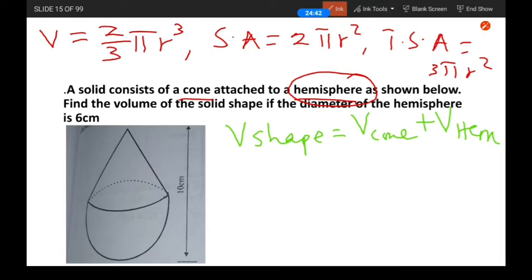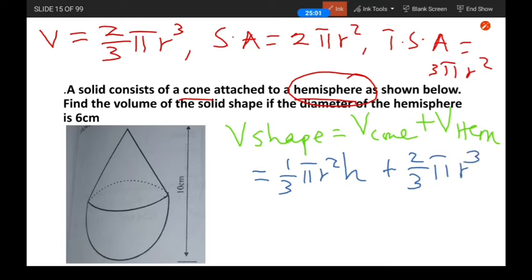Is that okay? Very good. And what's the volume of a cone? We have done this very well in our previous videos. 1 over 3 pi r squared h plus volume of hemisphere, the one I gave you now, 2 over 3 pi r cubed. Please, you have to follow the pi you are given.